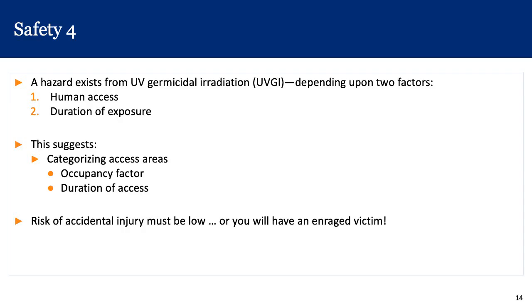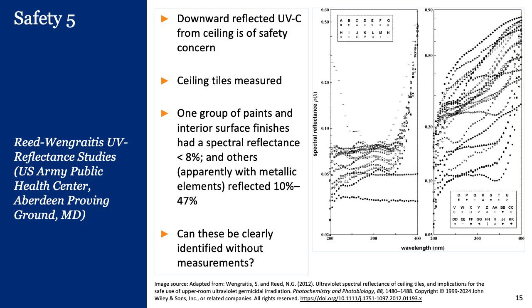A big issue from the engineering installation of germicidal lamps is knowing how much your ceiling is reflecting if you're using upper room germicidal units. These are two plots of spectral reflectance. How much UVC is reflected is a function of wavelength for different types of paints and different types of ceiling tiles.